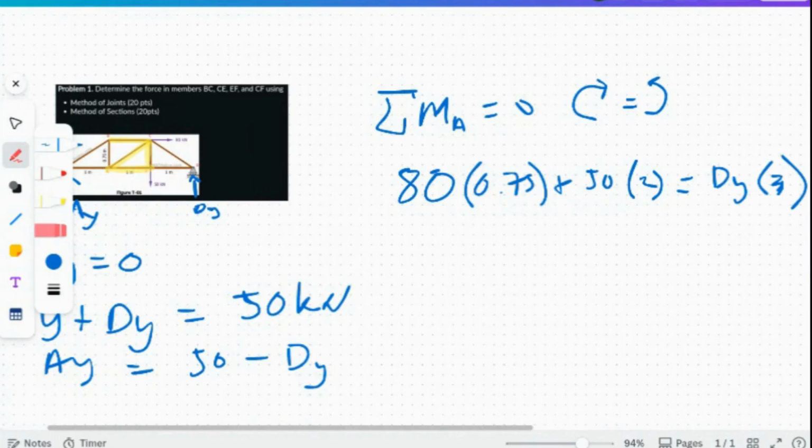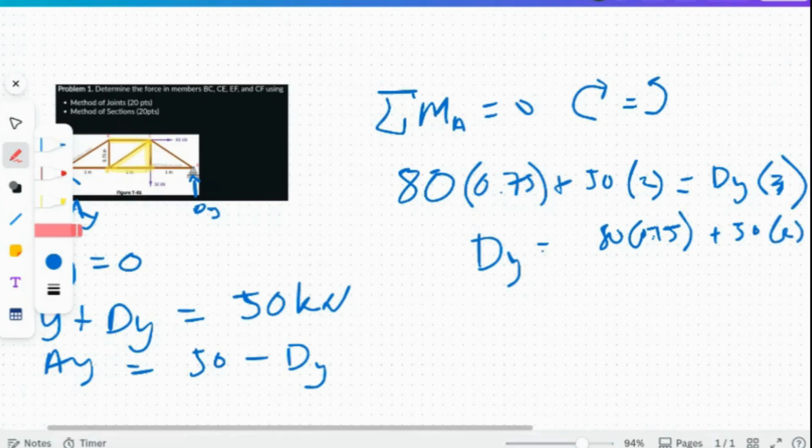Now, what is DY? DY is 80 times 0.75 plus 50 times 2, all divided by 3. Sorry, I just need to write slowly.